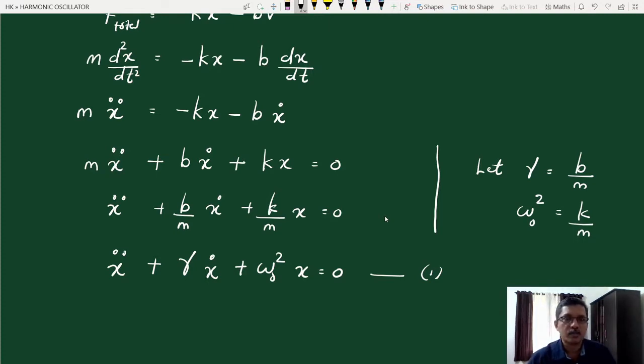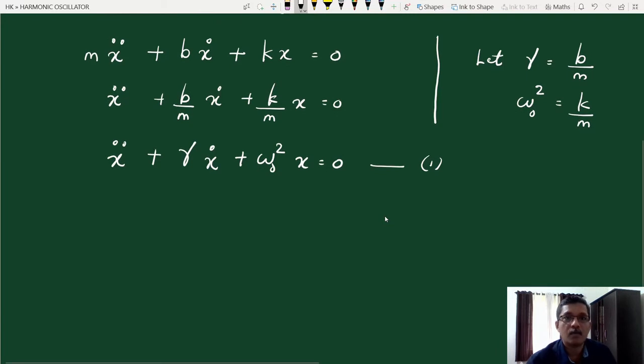You remember the equation of motion of an undamped harmonic oscillator. There, this gamma term was 0. So we have x double dot plus omega 0 square x equal to 0. So this is a second order differential equation of a damped harmonic oscillator.